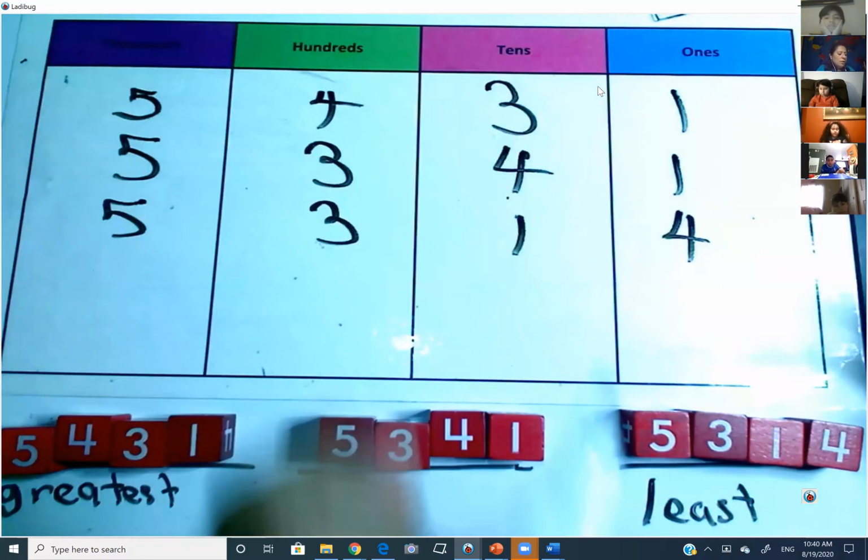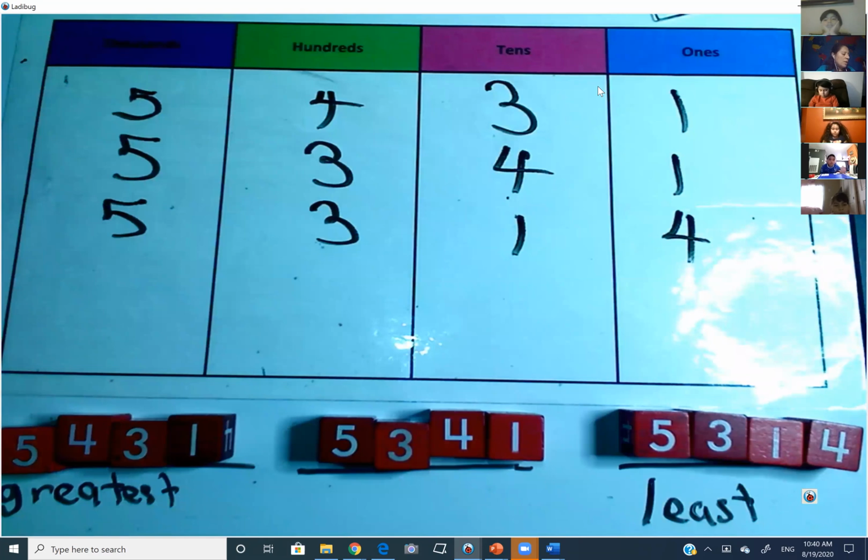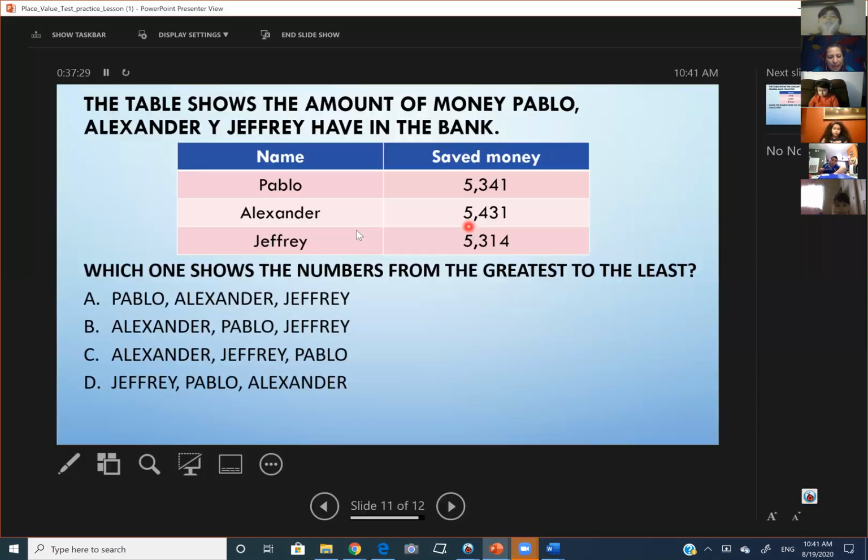Now the only thing I need to figure out is who has that money. So 5,400 is owned by Alexander. So Alexander is going to be my first name because this is the greatest number. So I see Alexander is in two answers.